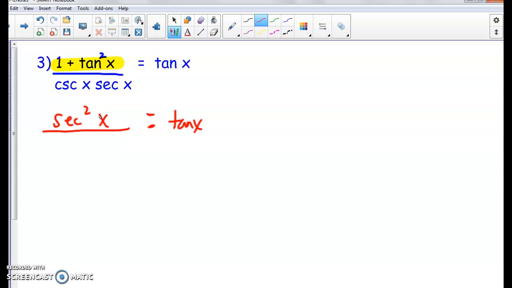Let's go to the denominator. I see cosecant and I see secant. I'm going to try to get it in terms of sines and cosines if I can. So I'm going to switch this over: cosecant is the same as 1 over sine, and secant is the same as 1 over cosine.